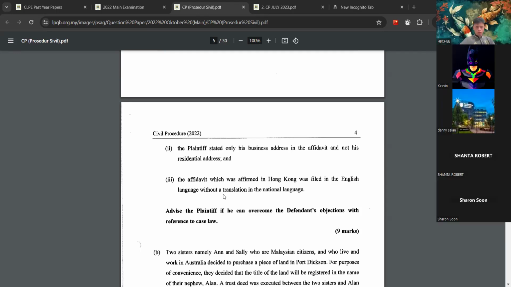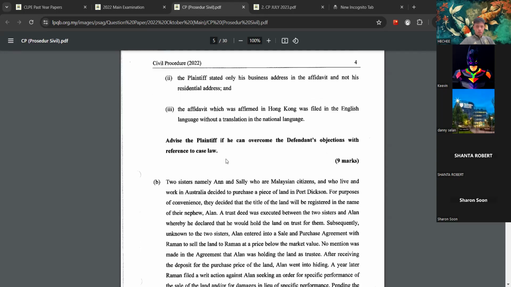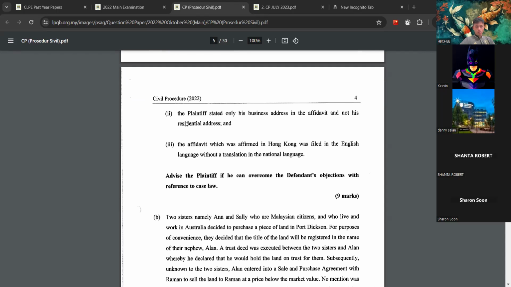Yes, correct. You have to state your place of residence and also your business address. So the plaintiff is unlikely to overcome the objection.